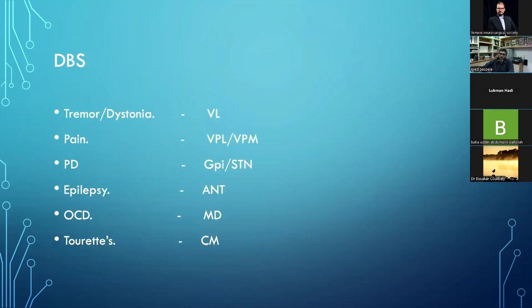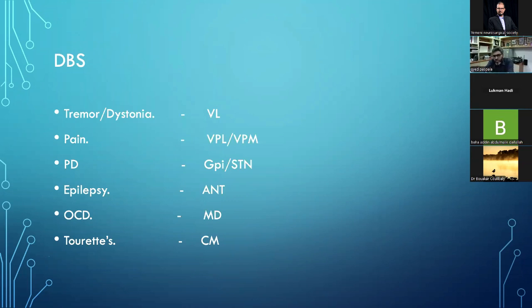And these nuclei have some relevance in functional neurosurgery, as I told you. Particularly, the ventrolateral nucleus is important when we are thinking about deep brain stimulation in cases of tremors and dystonia. And for pain modulation and management, VPL and VPM are very important.